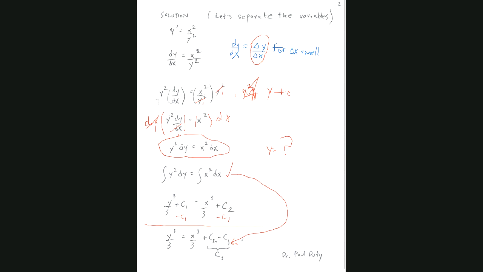So you could go from this step here down to this step, where you have y cubed over 3 equals x cubed over 3 plus c3. That would be okay, because if you do that, I understand that you're just rearranging, you're just doing this process here.